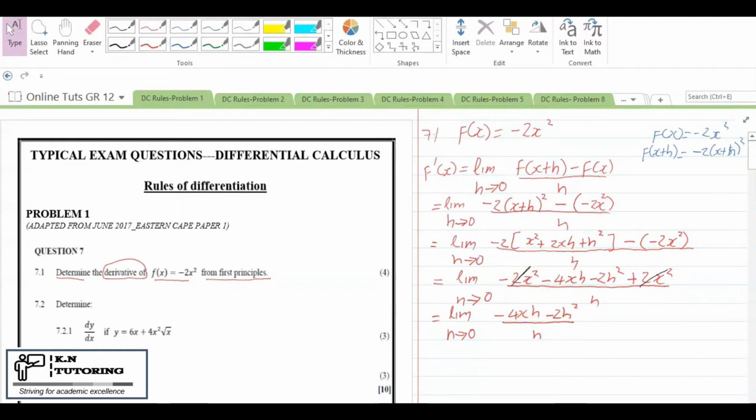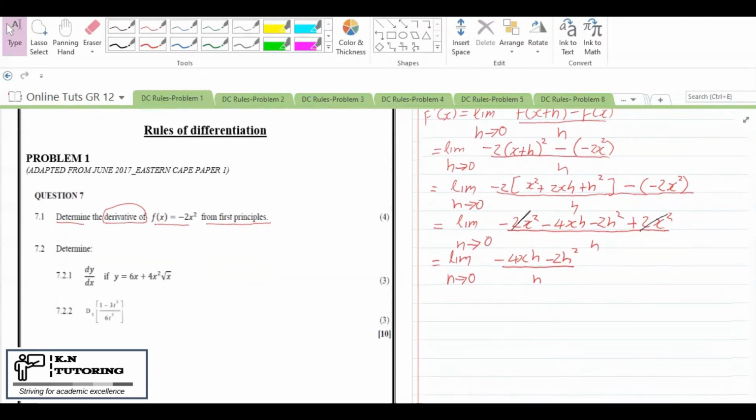Now again, you will see that on top, on the numerator there, we've got two terms and they both contain h. So I'm going to take h as a common factor.